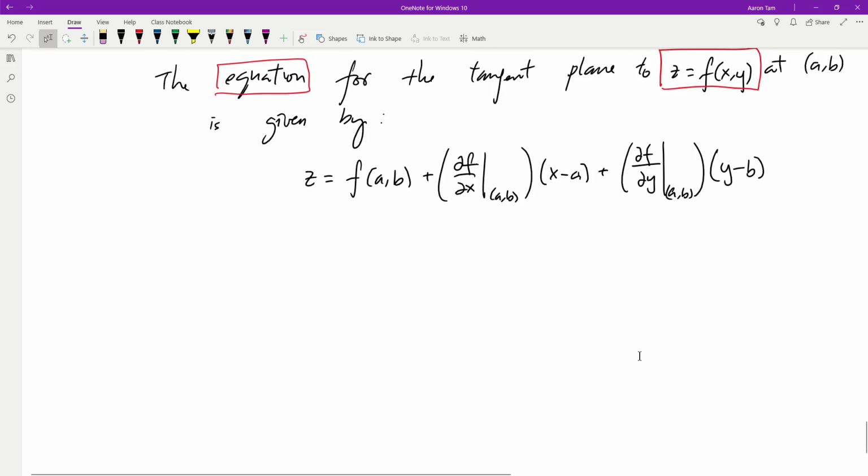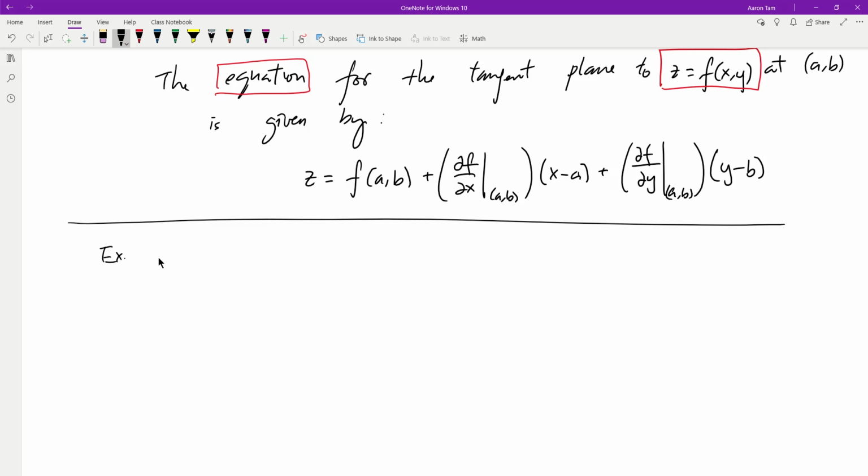All right. So, let's try an example and see. Here, a very basic example. We're going to let f of xy equal 1 minus x squared minus y squared.